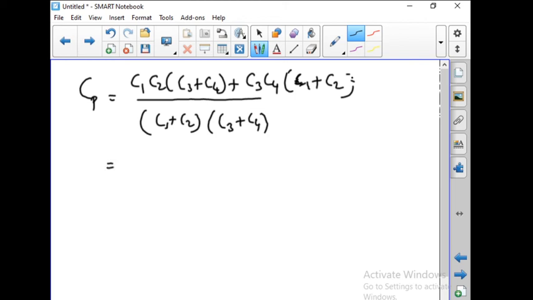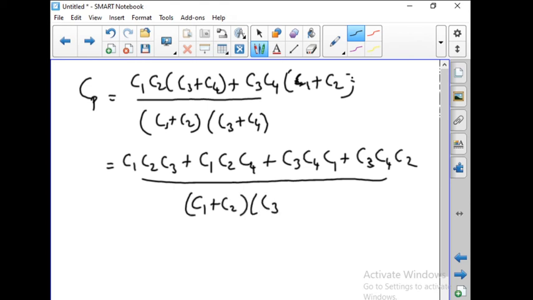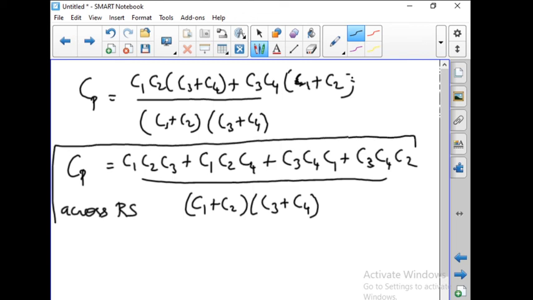So expand this, what will you get? C1 C2 C3 plus C1 C2 C4 plus C3 C4 C1 plus C3 C4 C2 by C1 plus C2 into C3 plus C4. So this is the equivalent capacitance across RS. So this is the final expression we got.